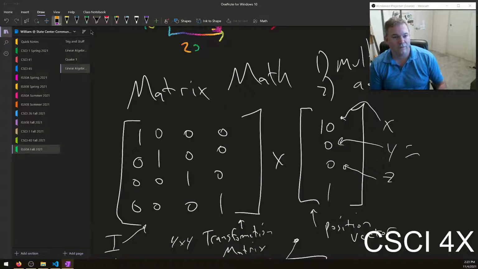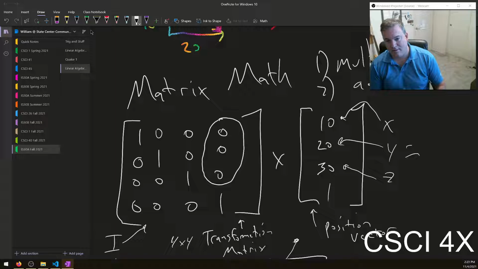Okay, so for this one, we're going to have our x location be 10, our y location be 20, our z location be 30. And now I'm going to explain what a little bit of the matrix means. This part right here is the translation section.